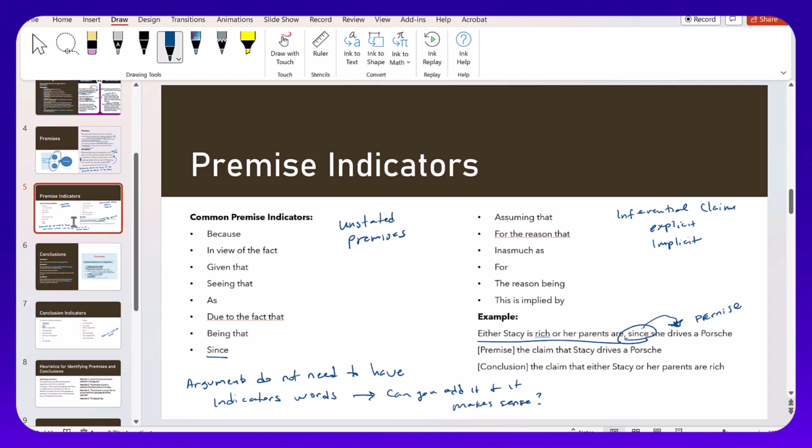If I'm talking to someone, I'm like, oh man, you can't check books out from the library without an ID, so Bill won't be able to check out books today. I don't need to say because Bill doesn't have his ID. But when I'm saying that, the assumption is clearly that the other premise is Bill doesn't have his ID.